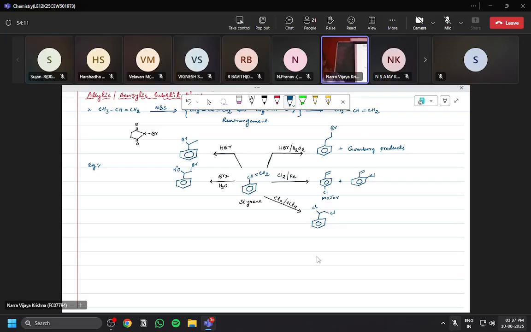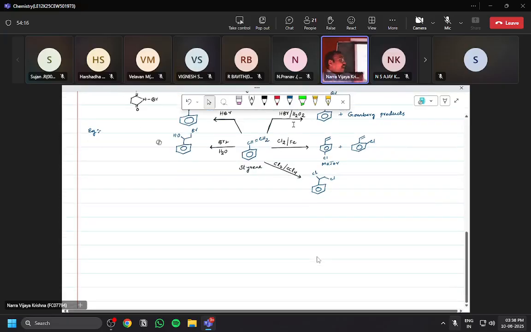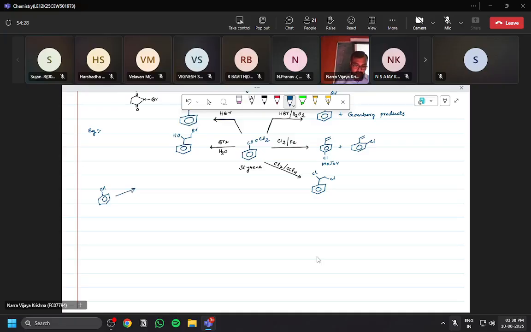But here another problem is there. If we have good donating groups here, for example groups like phenol or aniline directly connected to benzene, in presence of bromine and H2O, the product will be 2,4,6-tribromophenol.